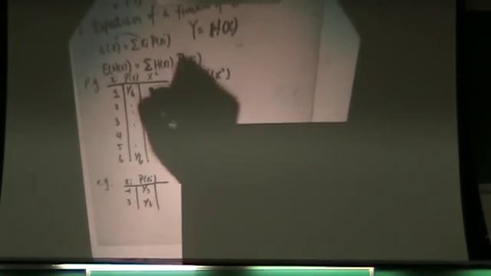In this case, we're going to calculate the expected value for x squared. So for x squared, of course we need to get the value of x squared, right? So we make another column for x squared, and we calculate each value.